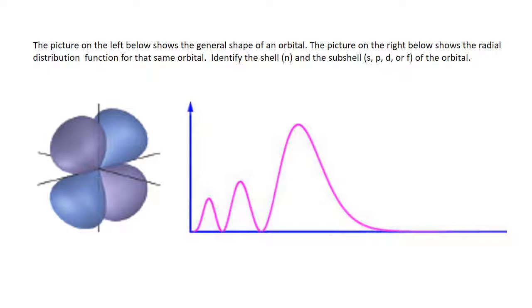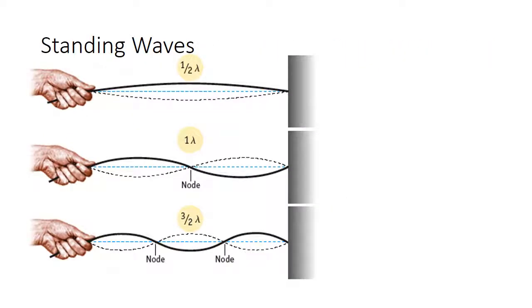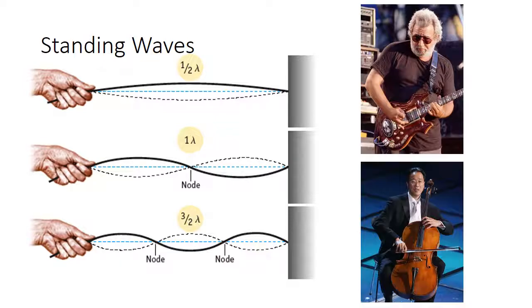So the way we're going to start to develop quantum theory is to go back to a very simple analogy, namely that of a vibrating string. So let's look first at what happens when a guitar string or a cello string is struck or bowed. You get a vibration that results in a specific musical note that's transmitted to our ears.